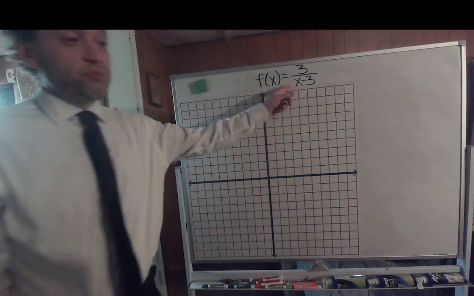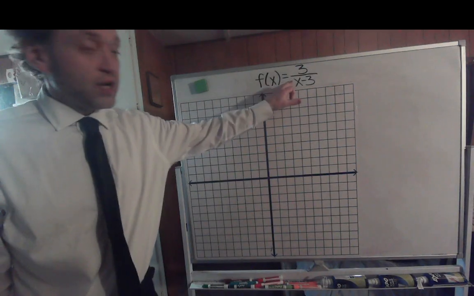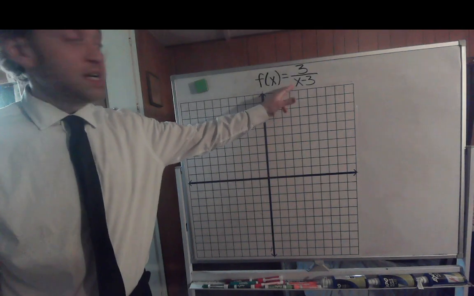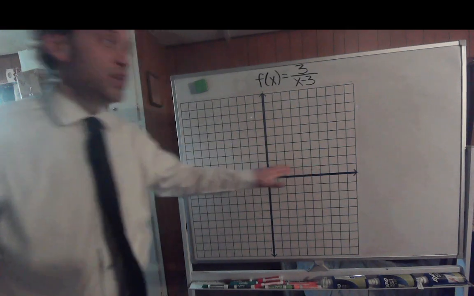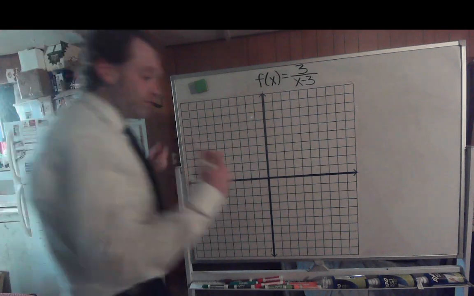If it's a change on x in the denominator, if you're doing plus or minus, that's a horizontal change. It's shifting to the left or right that many units. The general form for a rational function is f of x equals a all over x minus h plus k.